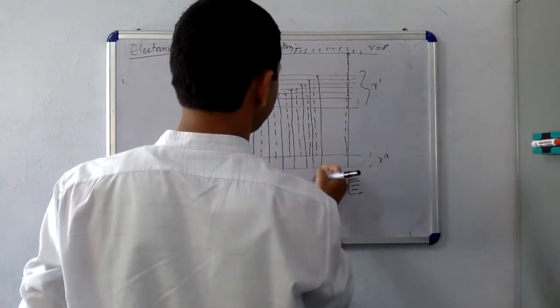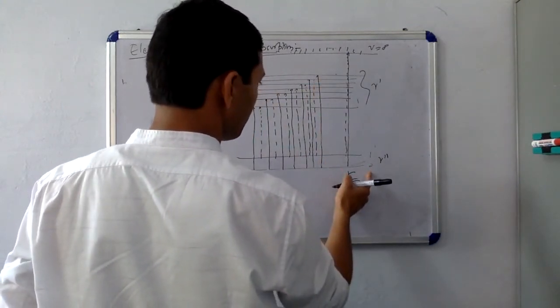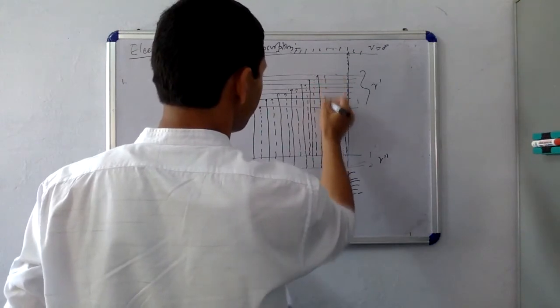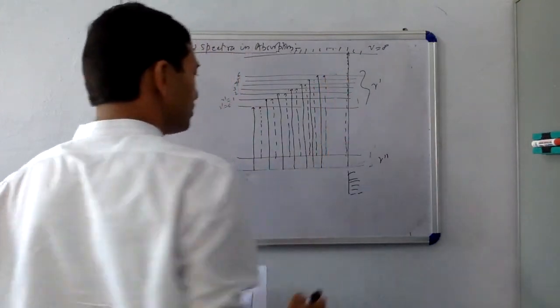So the solid lines are the progression from ν'' equal to 0. The dotted lines show the progression from ν'' equal to 1.